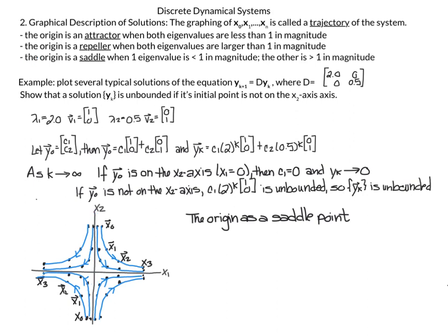So now let's look at points that are not along this x2 axis, which actually I often call the y-axis, and x1 my x-axis. So let's look at that. So as k gets larger, this term here gets large while this term here gets small. This term here is the y-coordinate of our y sub k.